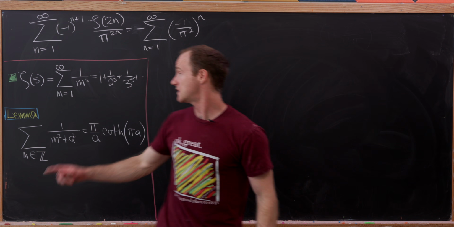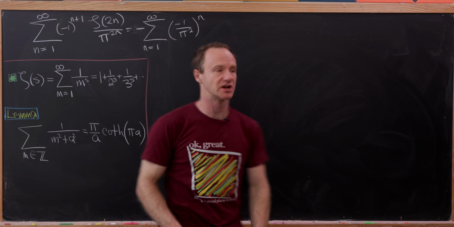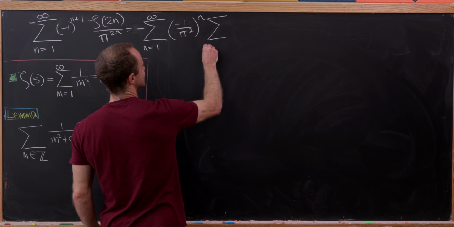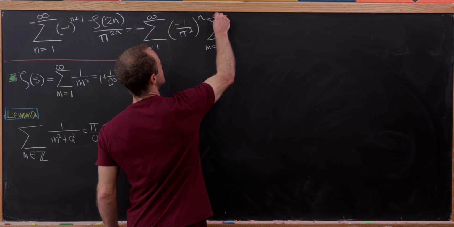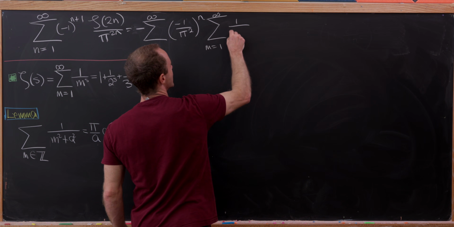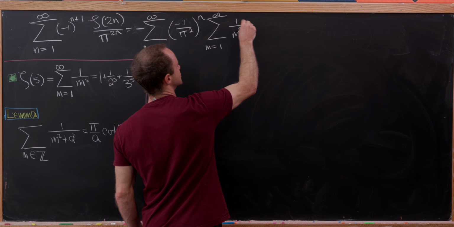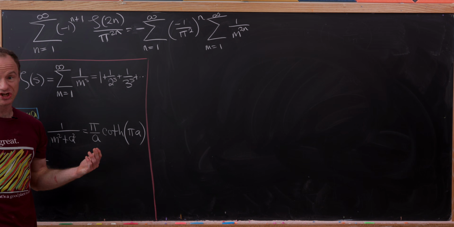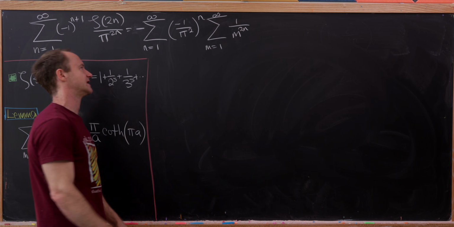But I'm going to do that by using the definition of the zeta function. So now I have the sum as m goes from 1 to infinity of 1 over m to the power 2n. And now we're going to do our favorite trick of exchanging the order of summation.